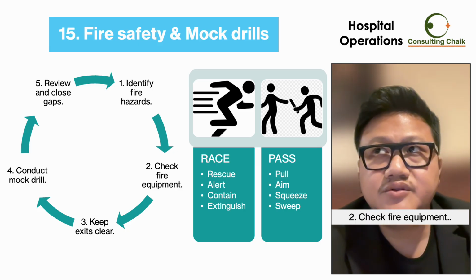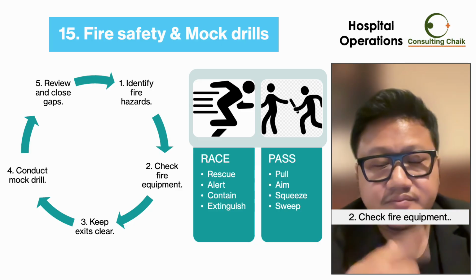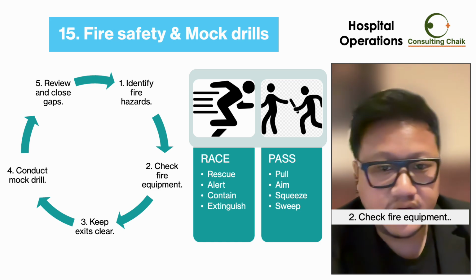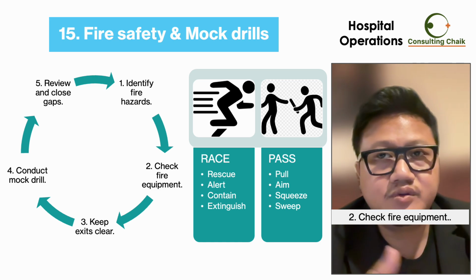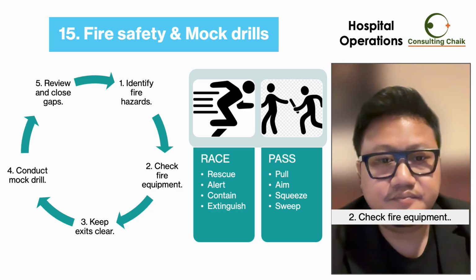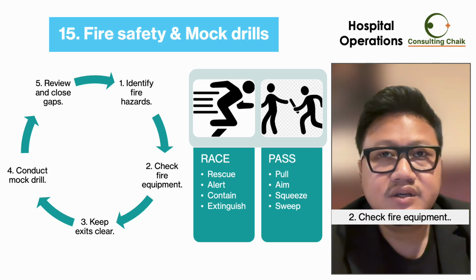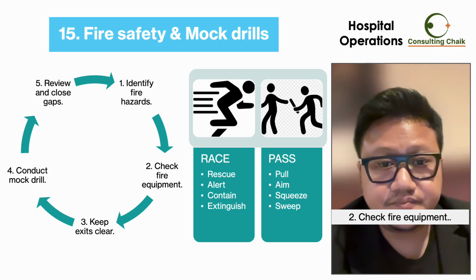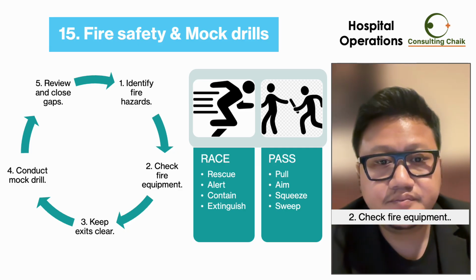So every month, at least once, you should open the fire water line and check whether it is working or not. It is also helpful for the staff to do something like a mock drill. If you don't do it for years and years, there might be some kind of jam, so when you actually require it, it won't work.